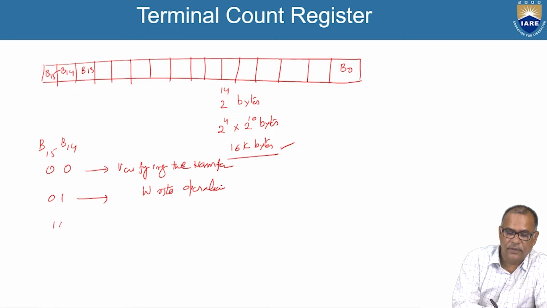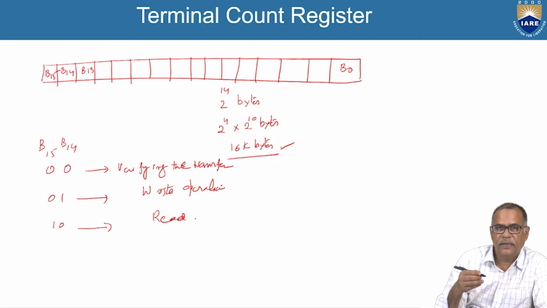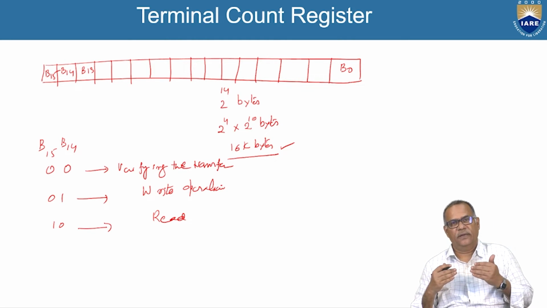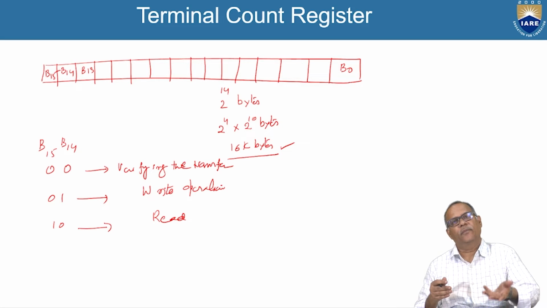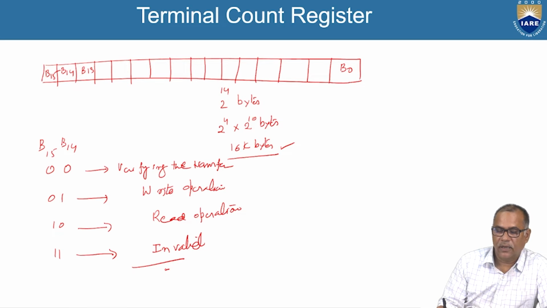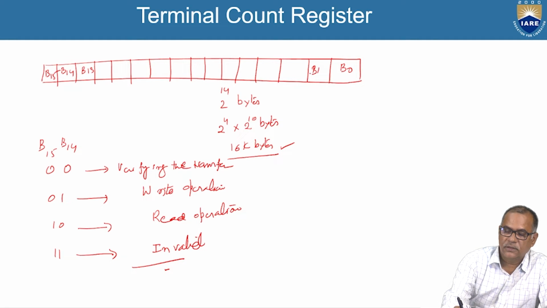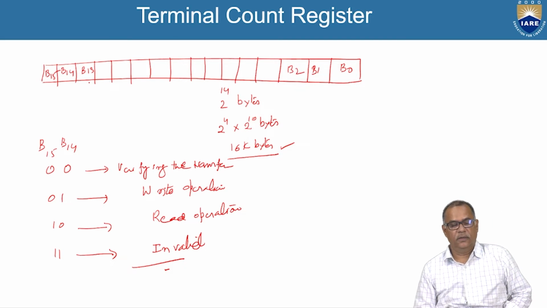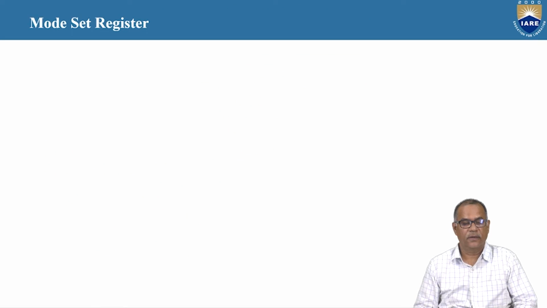And if it is 10, it is performing the read operation. So they indicate the transfer of data over the system bus, whether the data is flowing from the IO device to memory or from memory to the IO device. And 11 is invalid. So these are the terminal count register bits B0, B1, B2, and so on to B13. This is the format of the terminal count register.